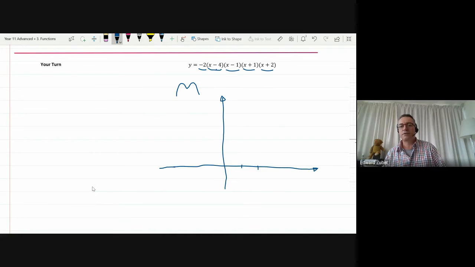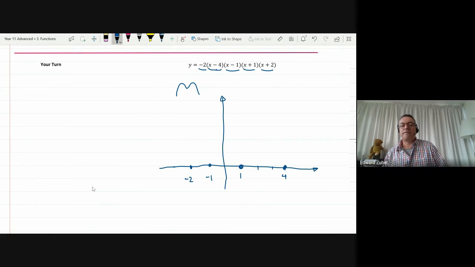So 1, 2, 3, 4. There's a 4. So there's the first one. We're going to have a 1. We're going to have a -1 and a -2. All right, now, I think I see how my M shape is going to go.